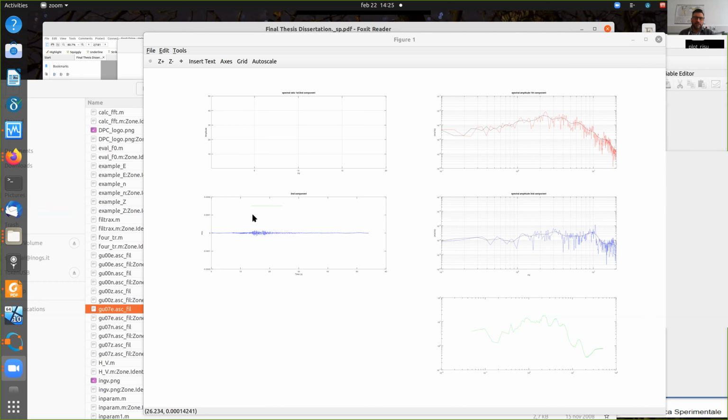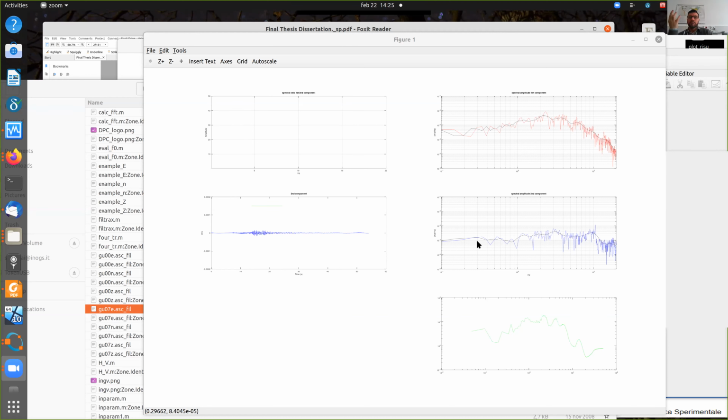If I was selecting a small window here around only the S waves, would I have had such a detail in my spectrum? No, you will not respect the condition for the sampling. So exactly, you will lose information.